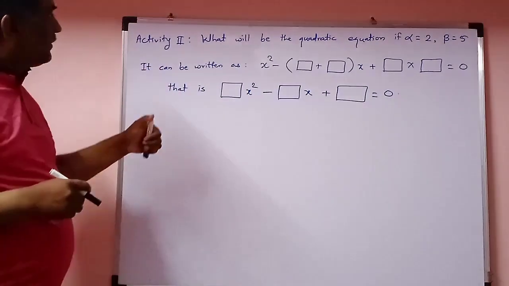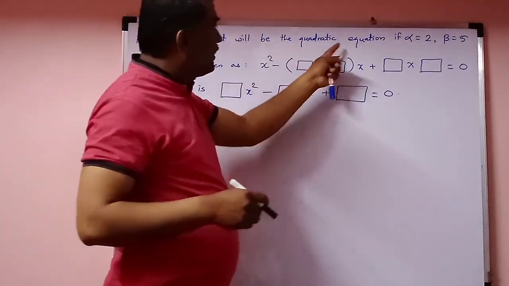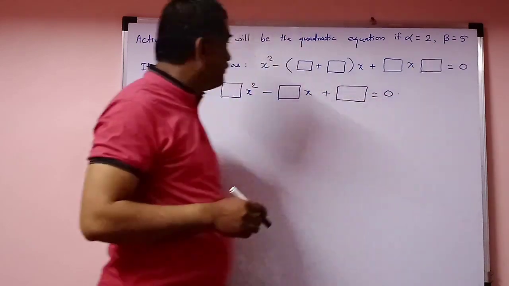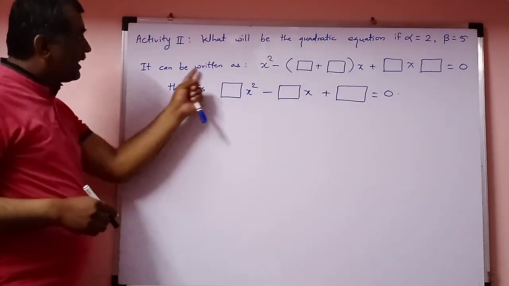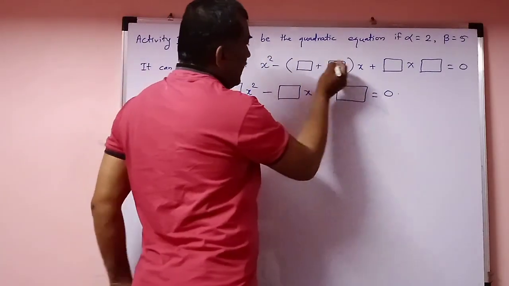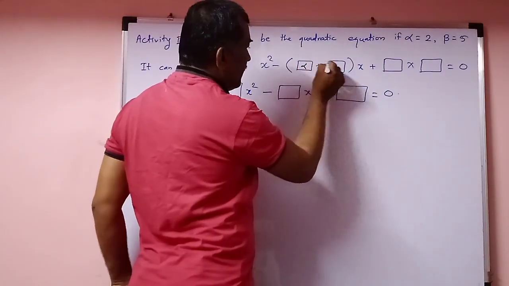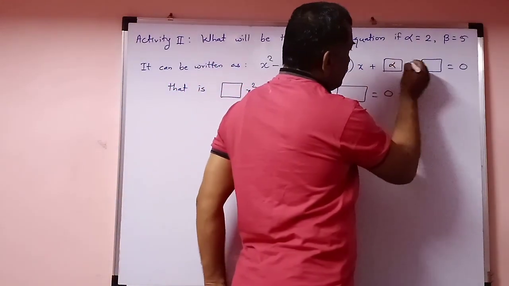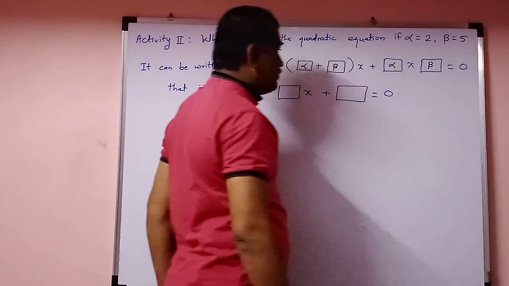Activity second part. What will be the quadratic equation if alpha is equal to 2, beta is equal to 5? It can be written as x square minus addition of the roots alpha plus beta x plus product of the roots alpha into beta is equal to 0.